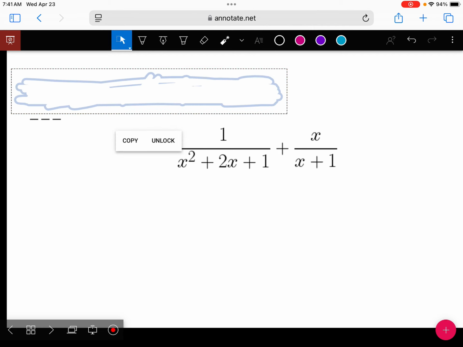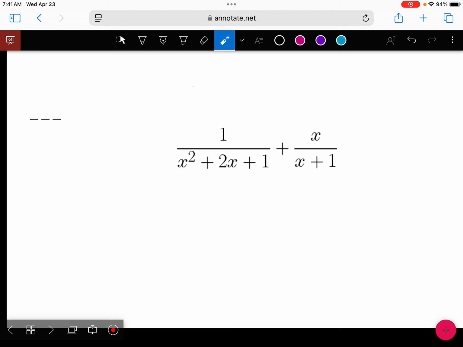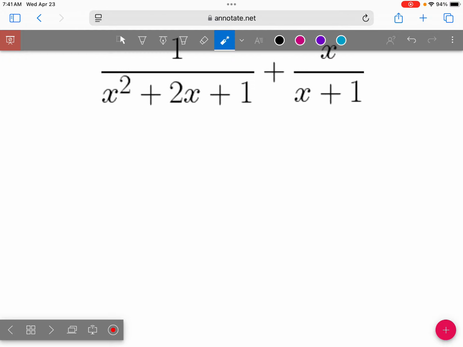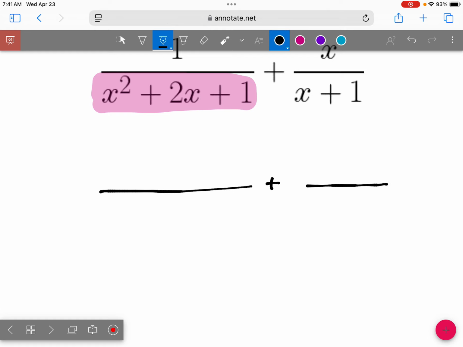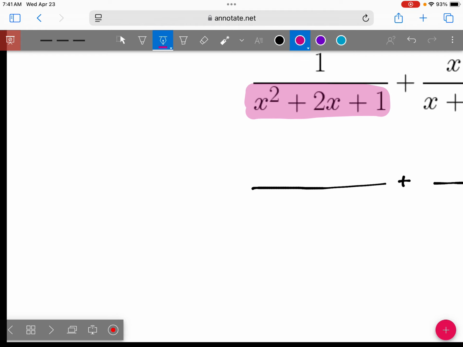I don't want to have to multiply both sides by both pieces. So I wonder if any of these pieces already exist over here. So let's factor anything that has an exponent on it. So we're going to factor this guy, our x squared plus 2x plus 1. So when we factor that, that's our a times c.